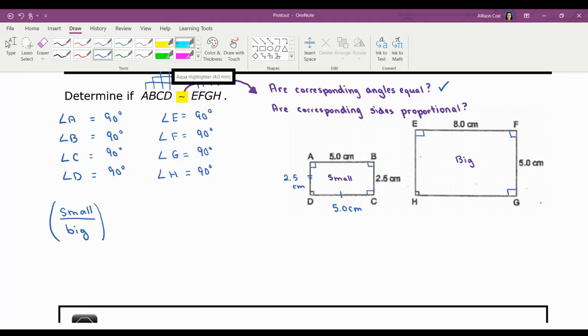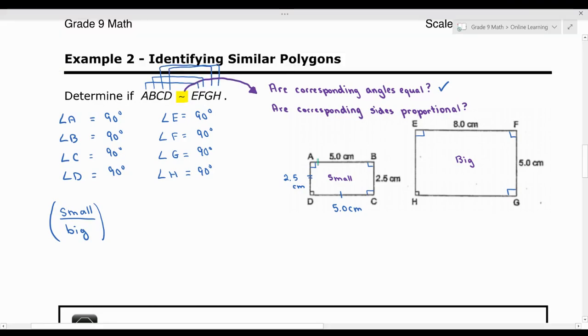Okay, so now let's look. We are going to compare side AB, which, based on my angles, I know is supposed to be proportional possibly to side EF. So I'll write that down. So side AB, I'm comparing it to side EF. But then I want to check what happens with the other side length I know.